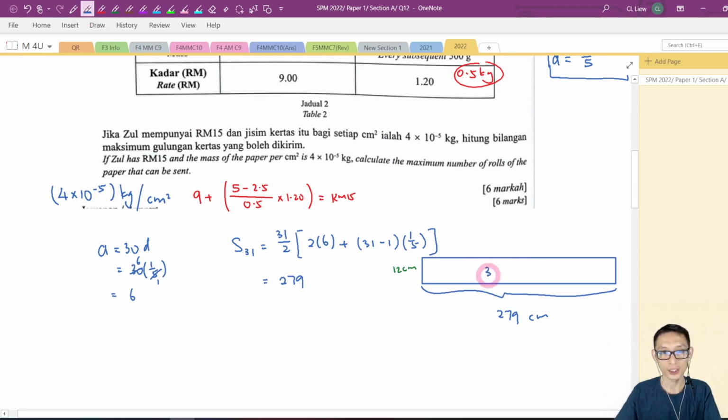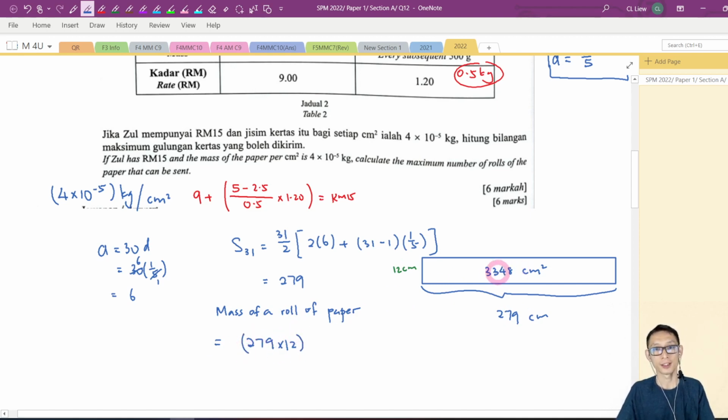You will get 3348. Okay, let me write 3348. Okay, now we can get the mass of this roll of paper. Okay, this times this, 279 times 12 will give us this, 3348 square centimeter. 1 square centimeter will be that heavy.